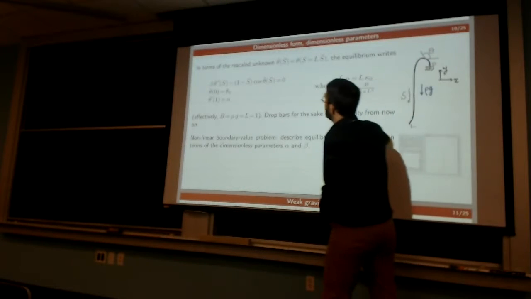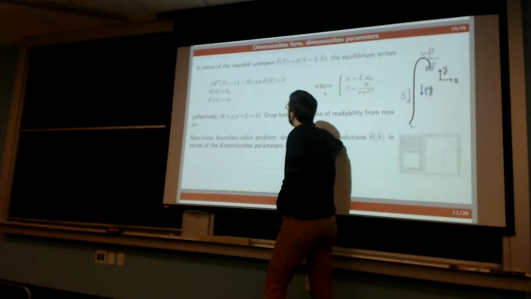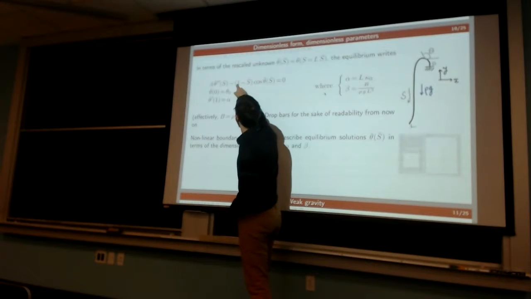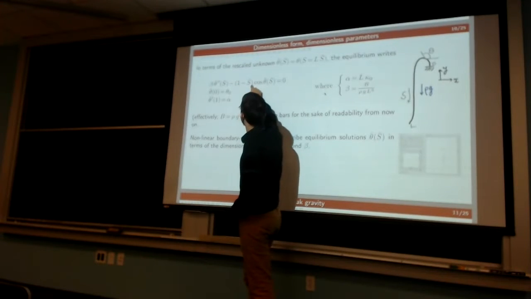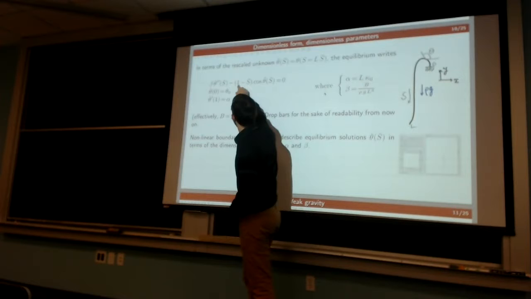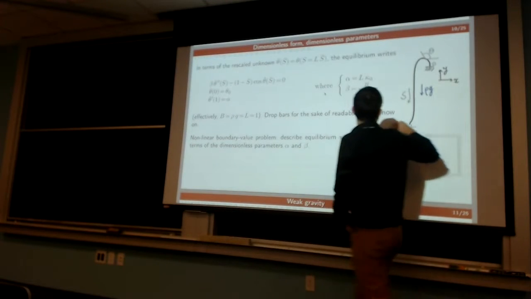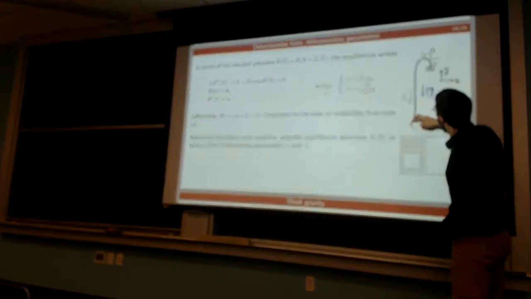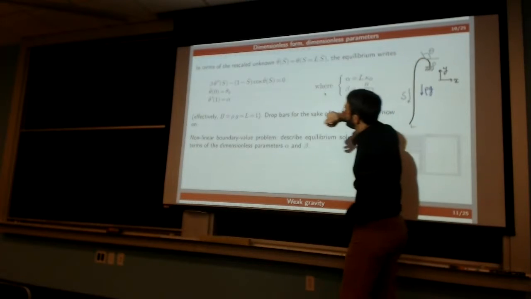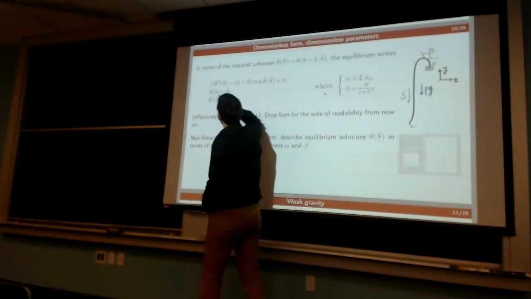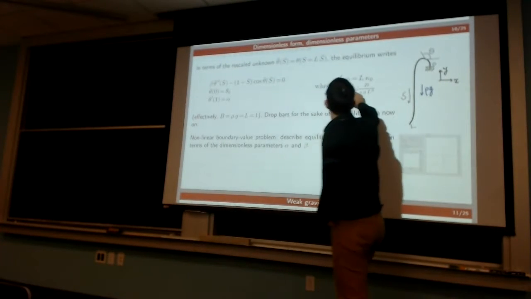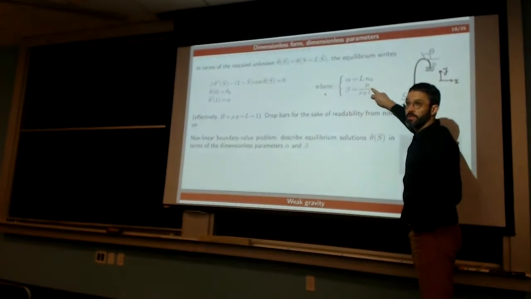So if you do that, remember, this is the weight of any part of the rod which is below, and this dependence on S captures the fact that this part is less subject to tension than this part. This beta is a scaled bending modulus, scaled by the weight.